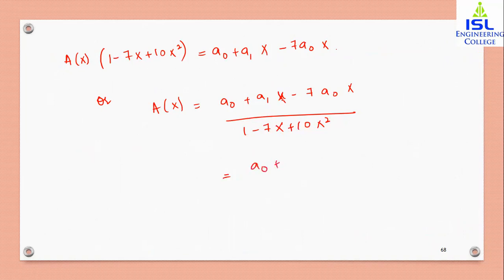I can write it as x taken common in the numerator, so a1 minus 7a naught into x, and the factorization for this quadratic will give me 1 minus 2x into 1 minus 5x.